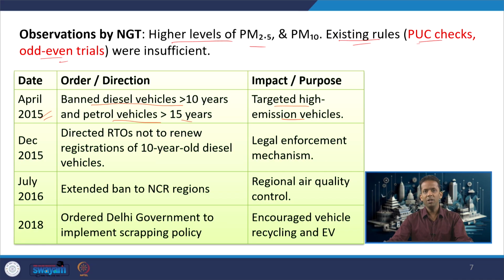And when it comes to diesel, because of more particulates in diesel and more maintenance required for diesel vehicles, the life was 5 years less than that of petrol vehicles for banning them.